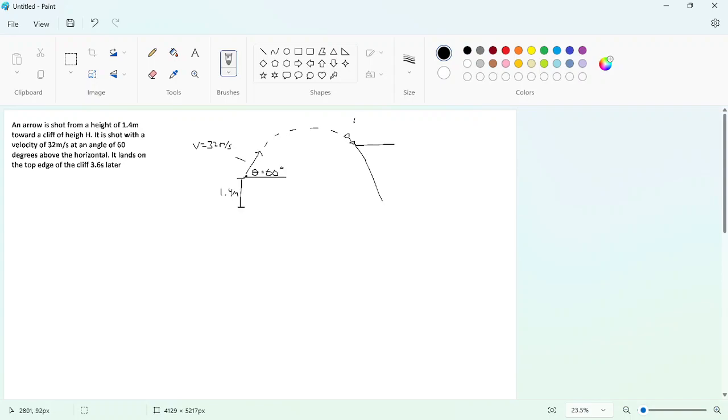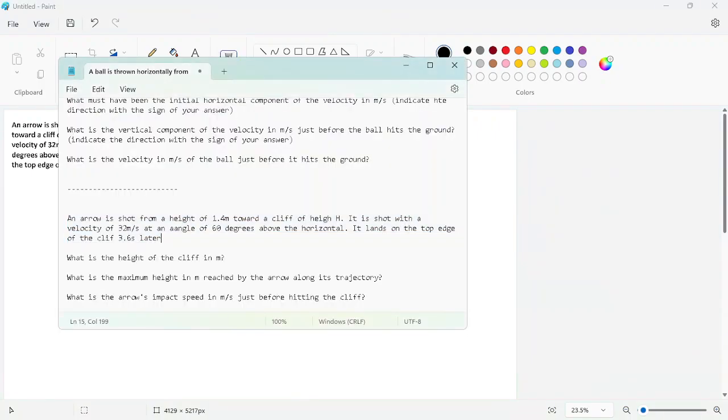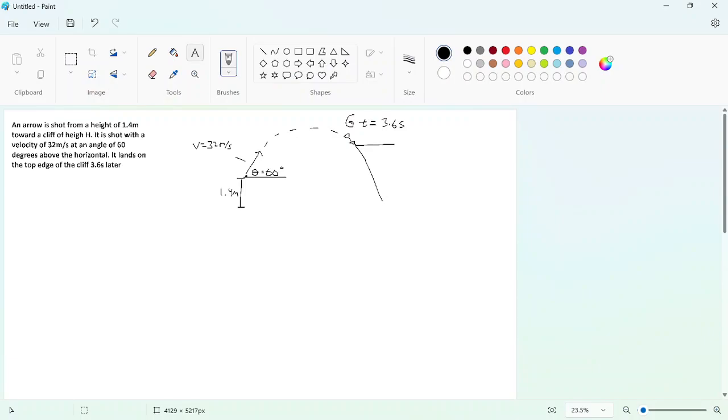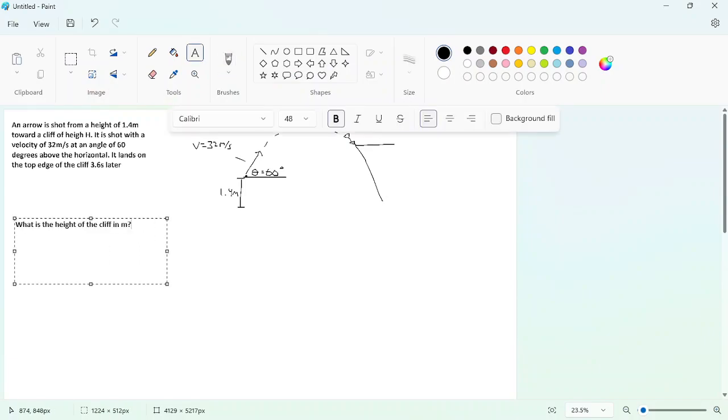I will say that this occurs at t equals 3.6 seconds. That's when this occurs. What is the height of the cliff in meters?